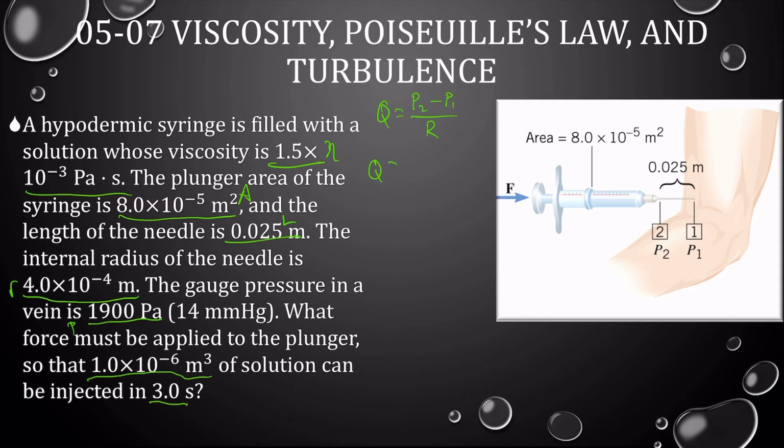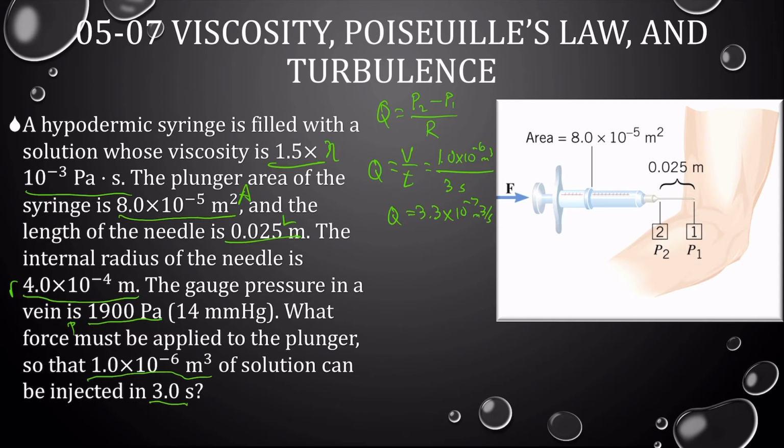So Q is V over T. So that would be our volume, 1.0 times 10 to the negative 6, over our time of 3 seconds. So our flow rate is 3.333 times 10 to the negative 7 meters cubed per second.